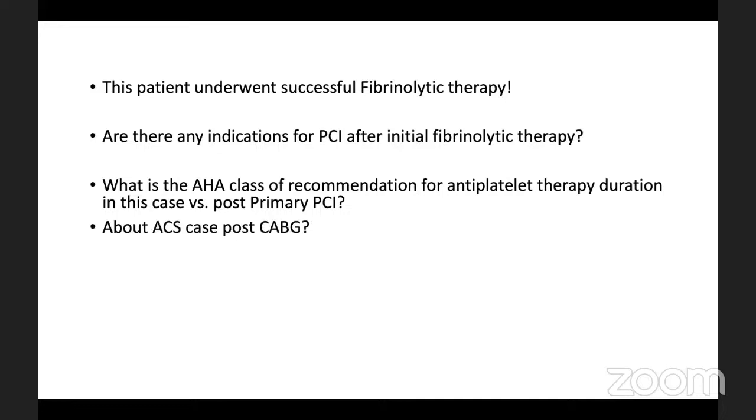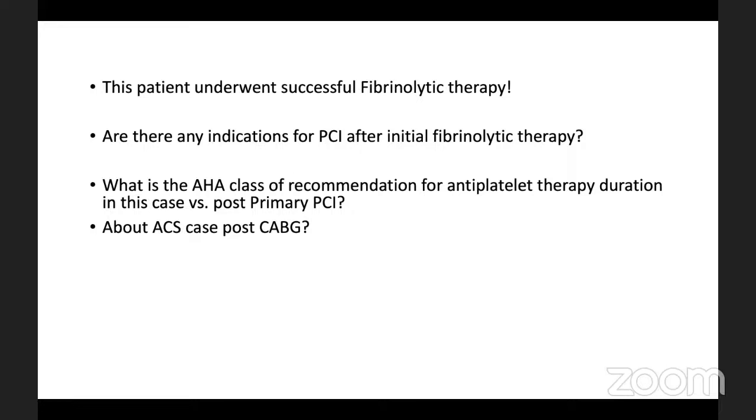Okay. How about if this patient underwent CABG for whatever reason? He was not treated with PCI, but was referred for emergency CABG. I'm not 100% sure about the class of recommendation, but I know that after CABG for acute coronary syndrome, the patient should be on dual antiplatelet therapy. For how long?